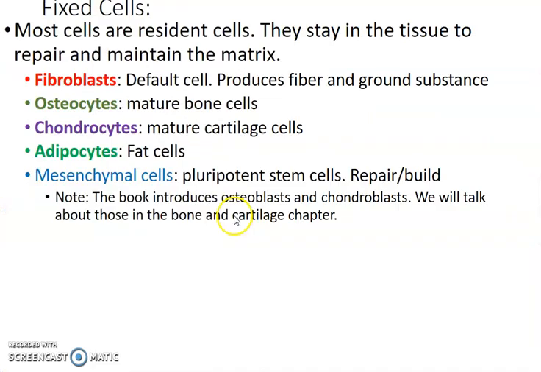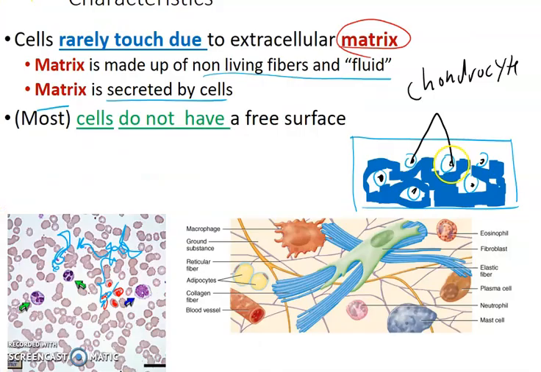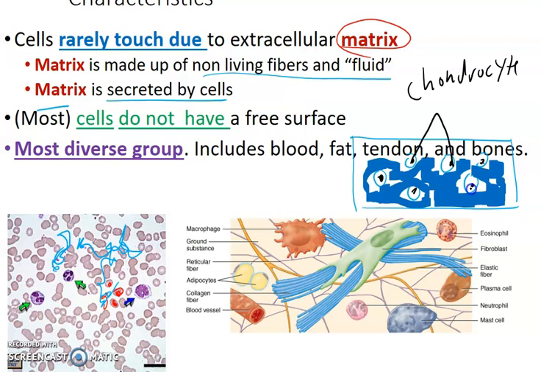Now, bone is too good to be a default tissue. It has osteocytes. Cyte means cell. What's osteoporosis? Your bones are full of holes. So osteo is bone, cyte is cell. Chondrocytes, remember chondro is cartilage, are just cartilage cells. So in my cartilage picture, these cells here would be the chondrocytes.